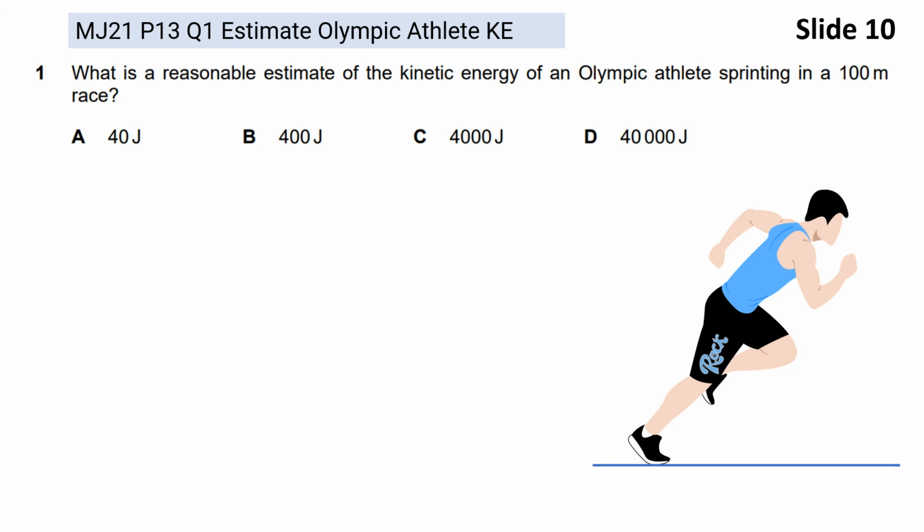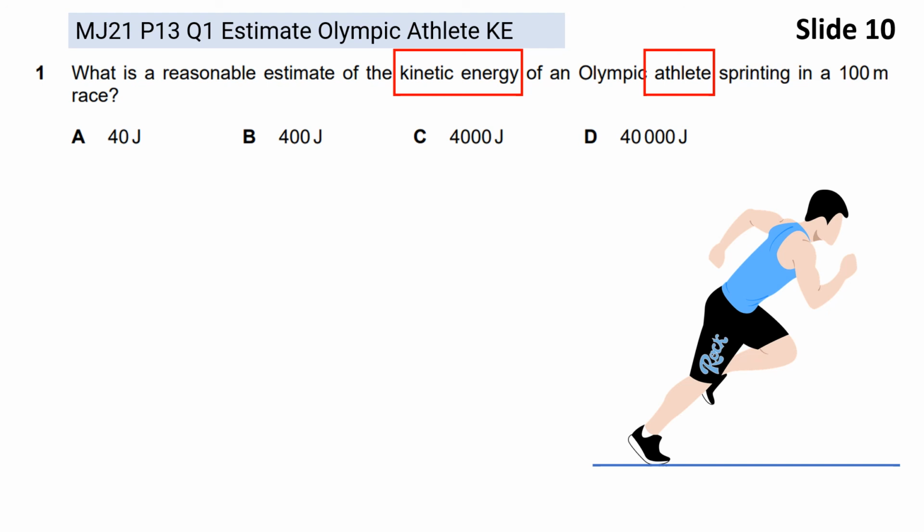Last problem. What is a reasonable estimate of the kinetic energy of an Olympic athlete sprinting in a 100-meter race? All right, so we are going to start by looking at what the statement is saying. Kinetic energy, we need a formula.